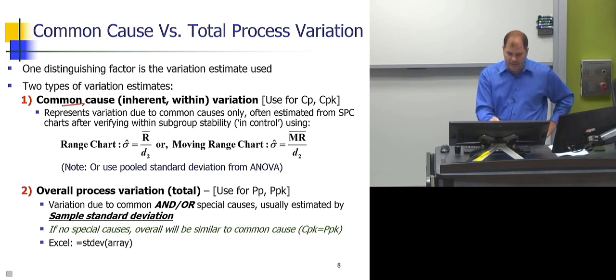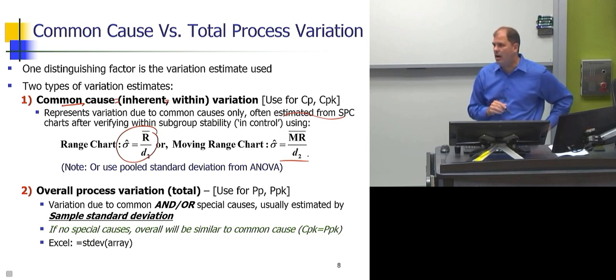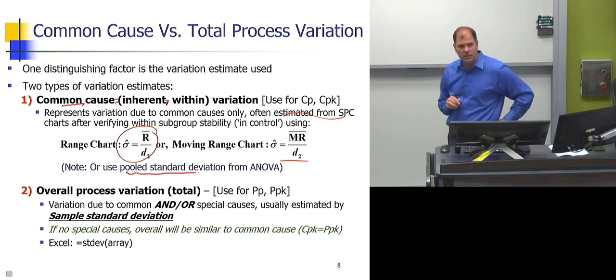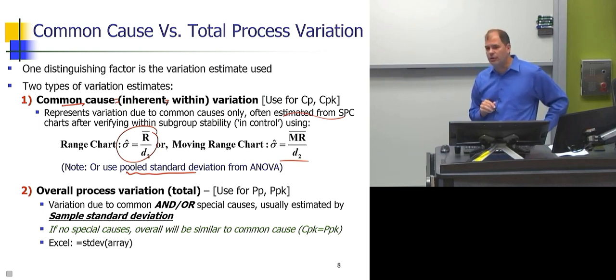Common cause is the same as inherent, is the same as within subgroup. If I do SPC and I have an in-control process, I can use R bar over D2, I can use MR bar over D2, or I can use the pooled standard deviation. If you took a stats class before, you should have been exposed to analysis of variance. One of the things you get out of analysis of variance is the square root of the mean squared error term, which is an estimate of sigma pooled.